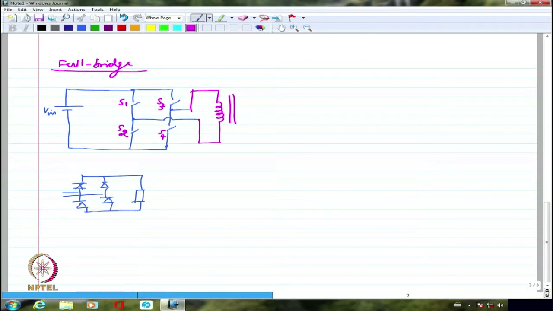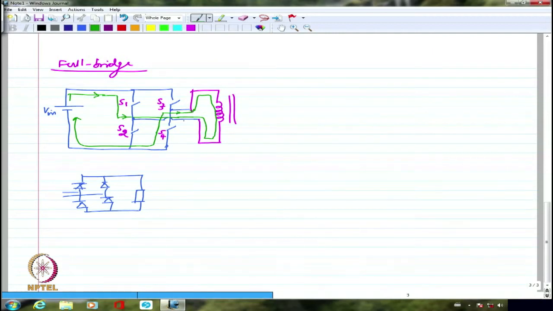If I am having S1 and S4 conducting, the current will flow from here, through this, and then it will come down through S4 and return to the negative. This is the path that I am going to have.